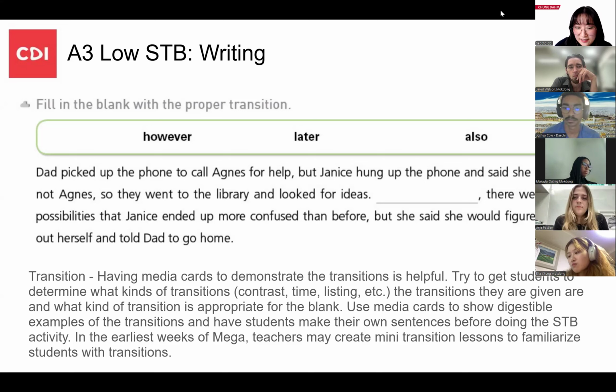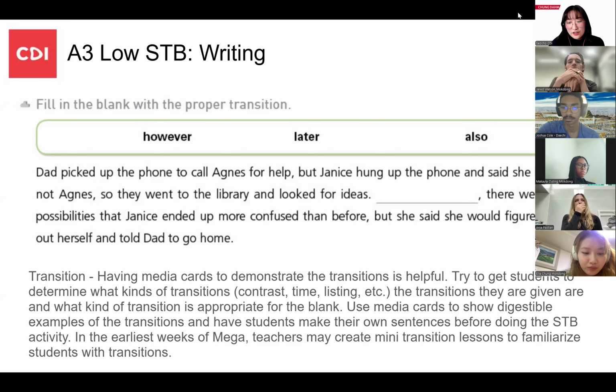After identifying what kinds of transition words these are, I think it would be easier for the students to determine which one should go in this blank. If these are the two ideas that are being connected, then what kind of relationship do they have to each other? Otherwise, if they're really low levels, again, you might just use the media cards to show a more digestible example of some transitions.